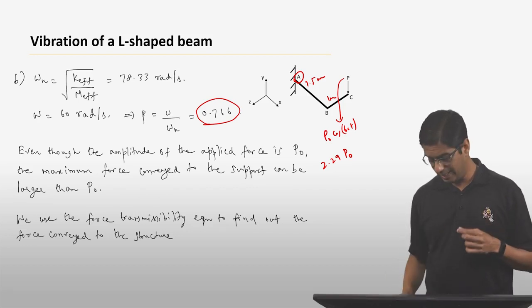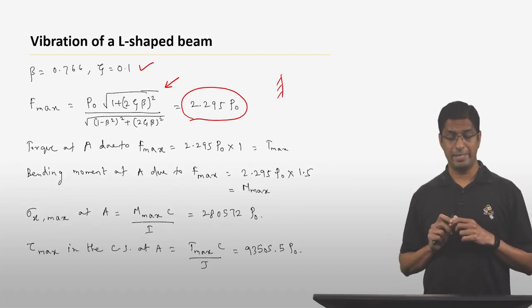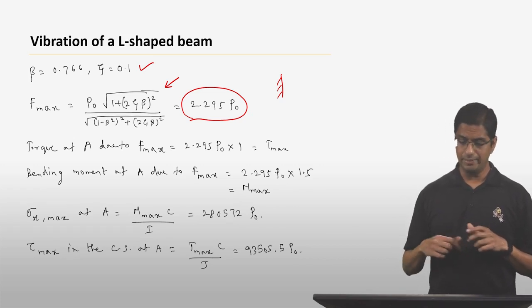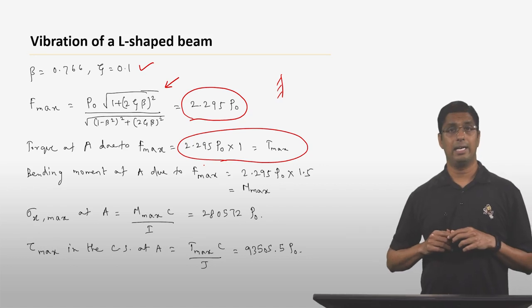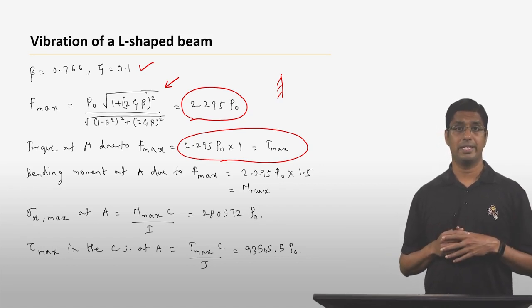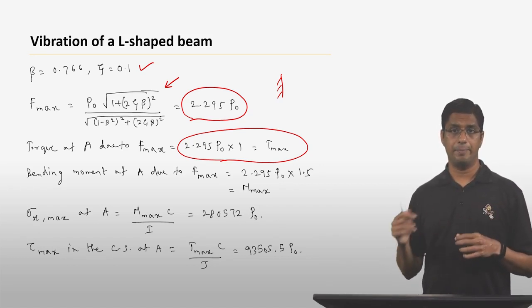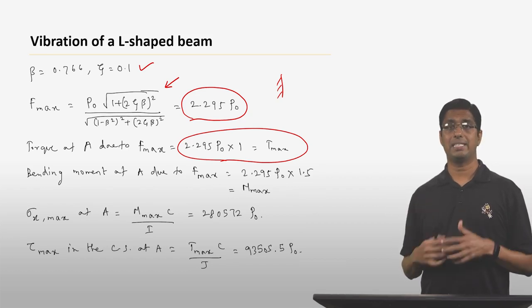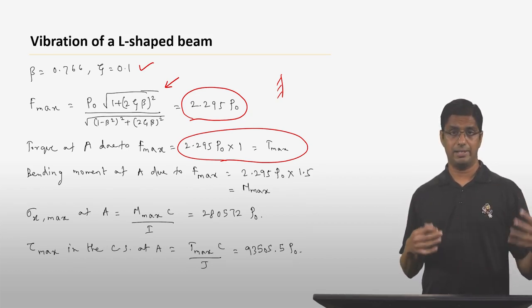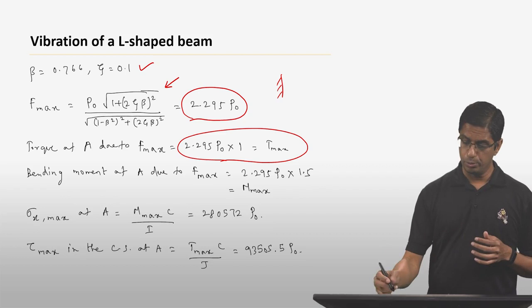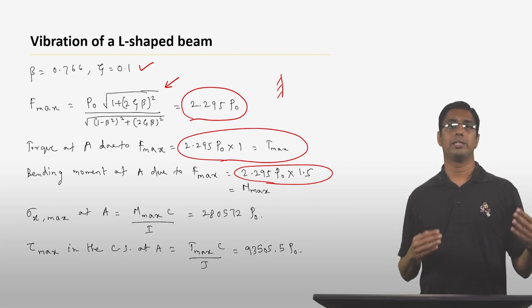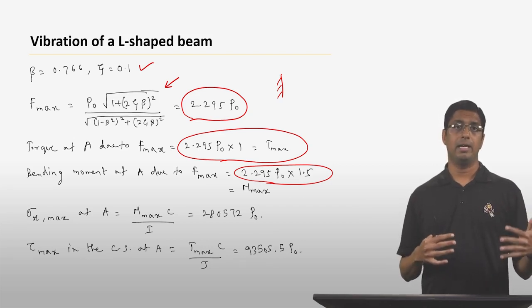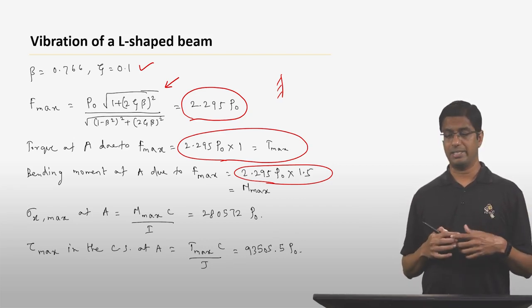That is the effect of having a vibrational force. So your T max, the maximum torque at the cross section at A, is 2.295 P naught, and the maximum bending moment at A is 2.295 times P naught times 1.5.